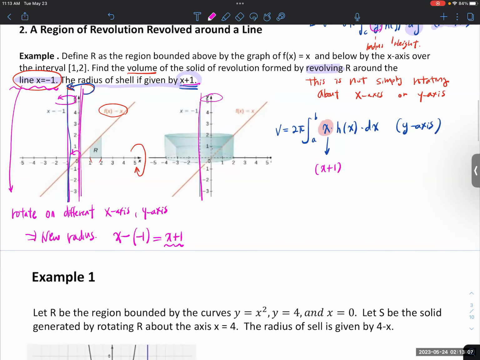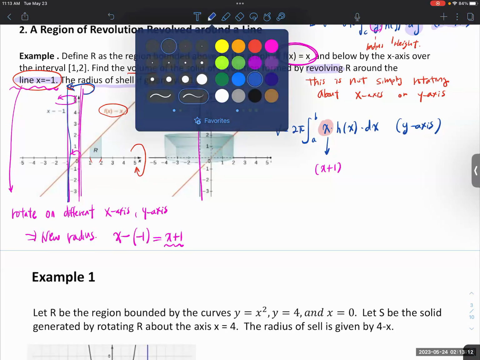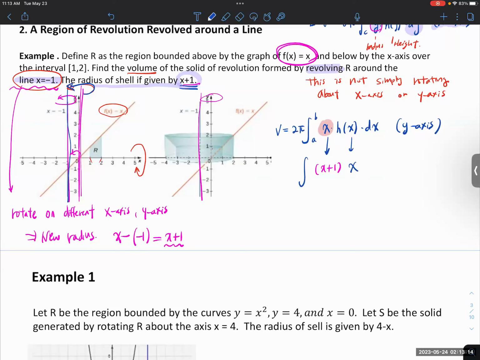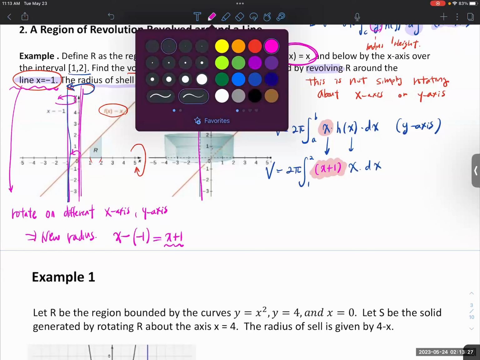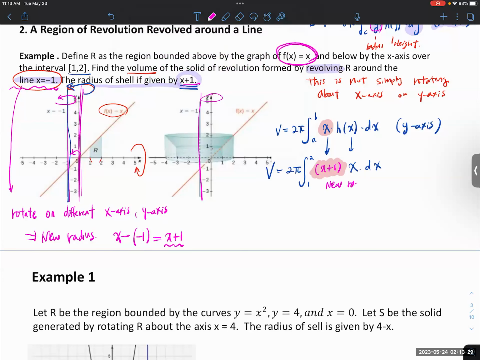And the height function is going to be the given f of x equals x, so we keep the same height function, x, from 1 to 2, and then you take the derivative. Keep in mind, this is a new radius because we rotate the function about x equals -1, not exactly the y-axis.